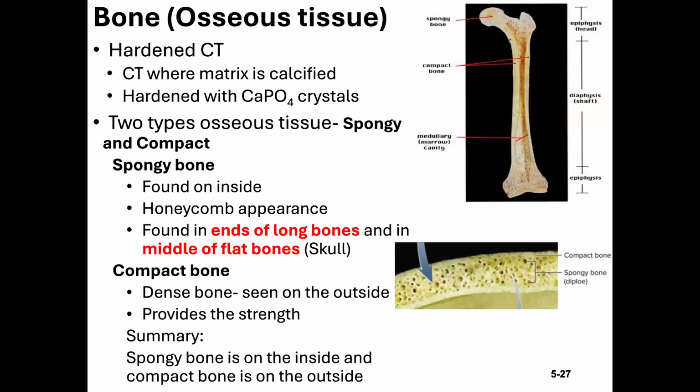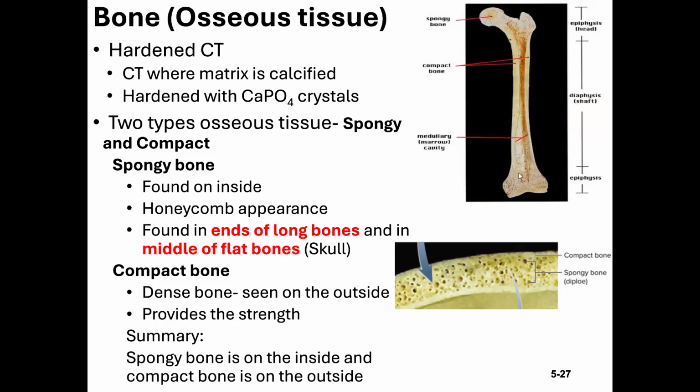Two types of bone tissue. Inside a bone, there are two types of bony tissue: spongy bone and compact bone. Spongy bone is found on the inside. Compact bone is found on the outside. Spongy bone has a honeycomb appearance. See this honeycomb appearance here? This is actually the skull bone.